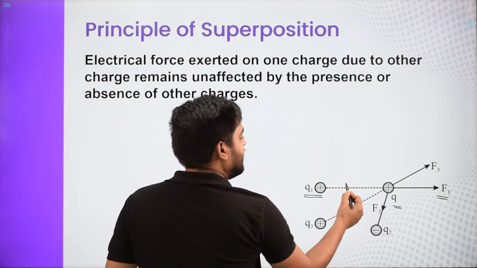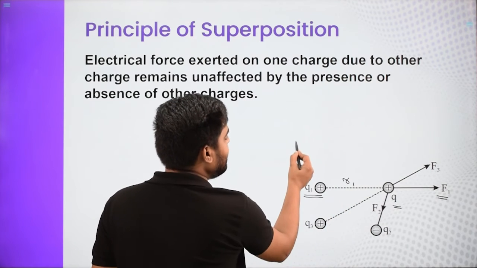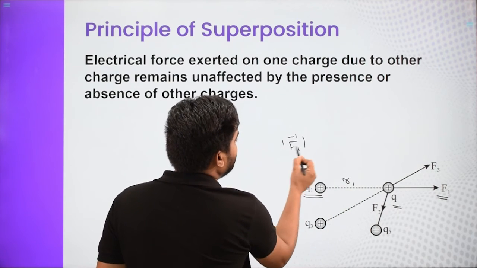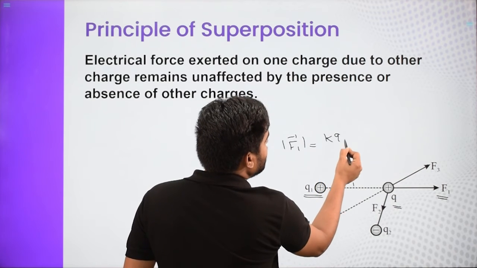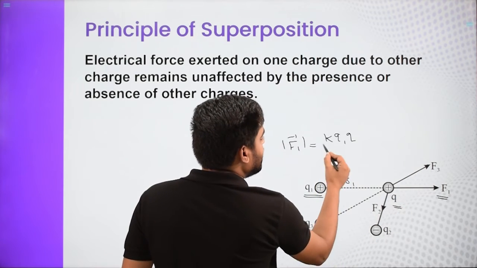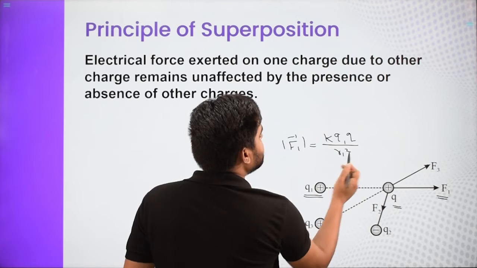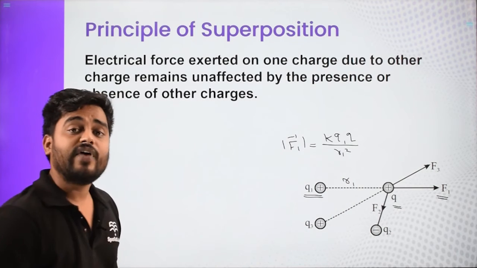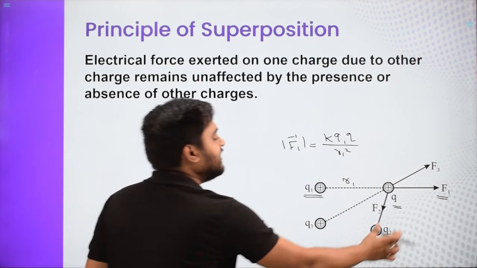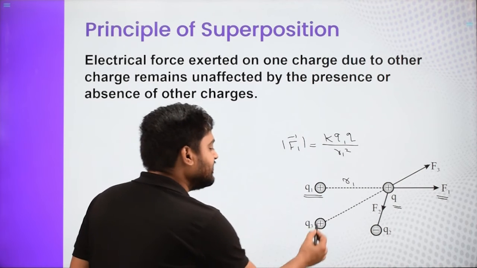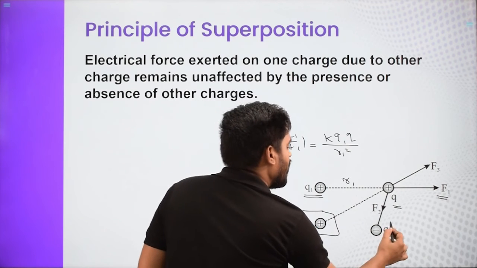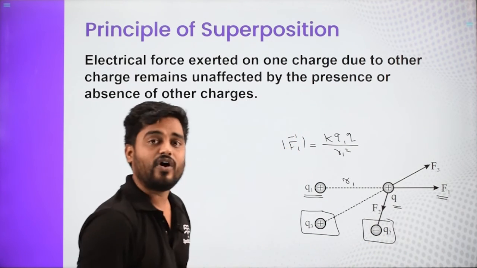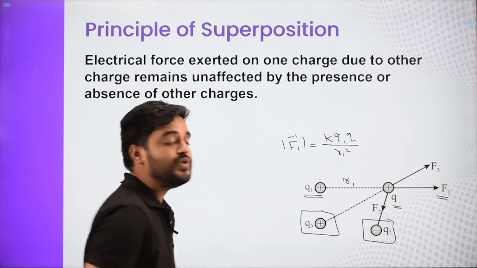If this distance is R1, then I can directly write the magnitude of F1 as K Q1 Q divided by the distance squared. I am just writing the magnitude, this is not the vector form. Now whether Q3 or Q2 are present or absent, this force is not going to change.